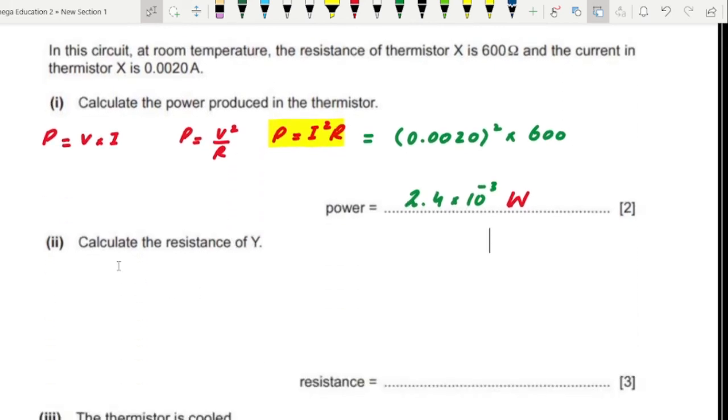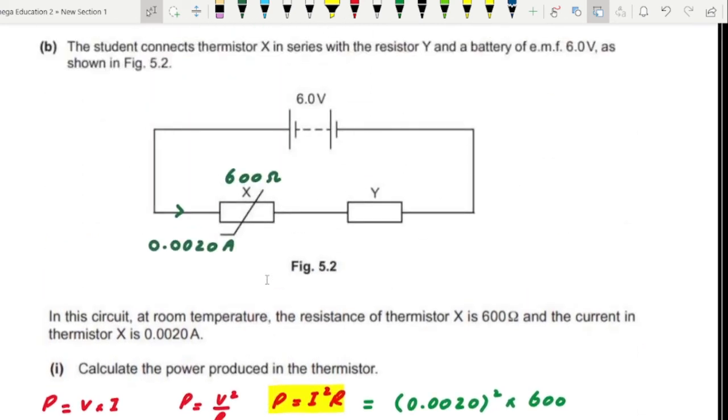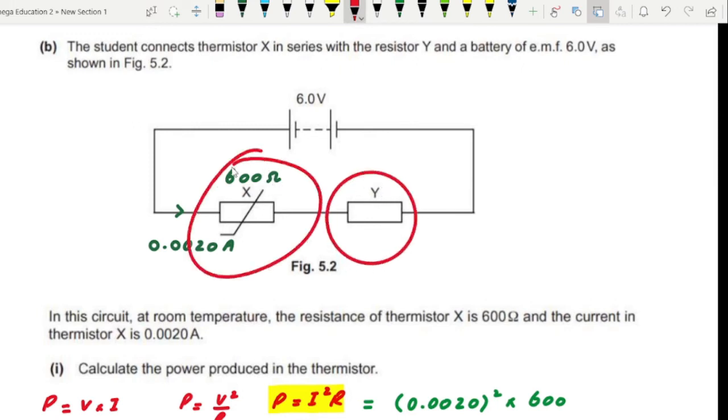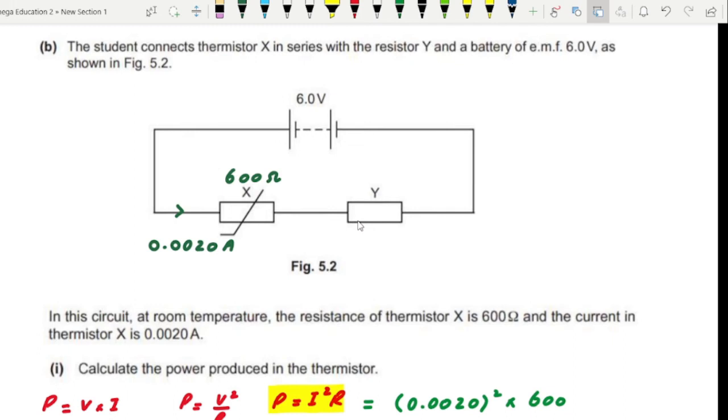Then in the next part we need to calculate the resistance of Y. The resistance of the thermistor is 600 ohm, but what is the resistance of the fixed resistor? Let us look at the tools that we have.